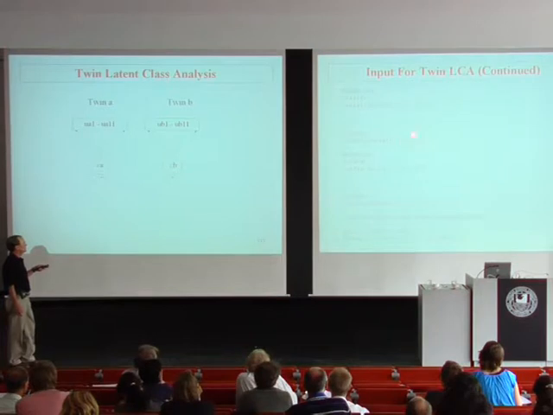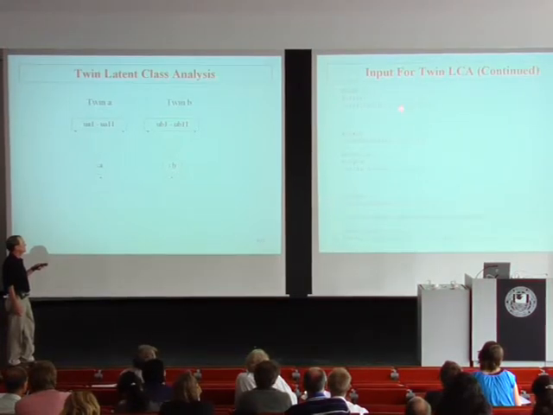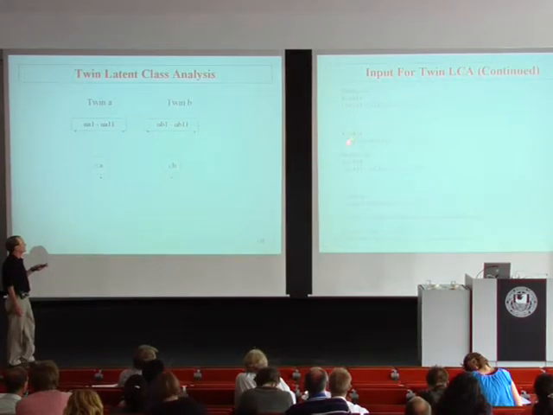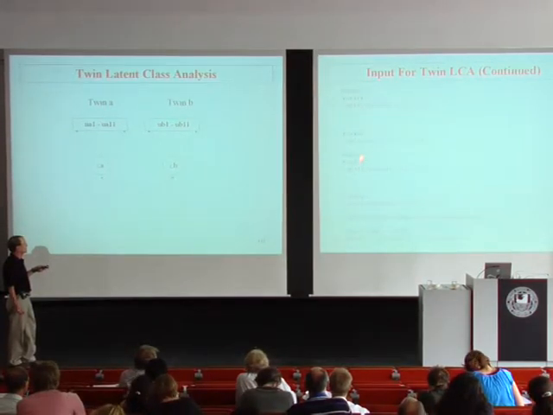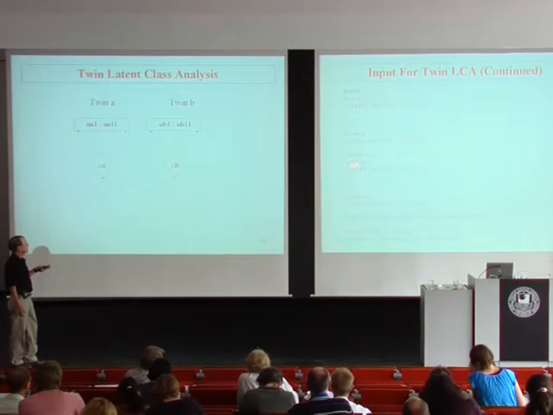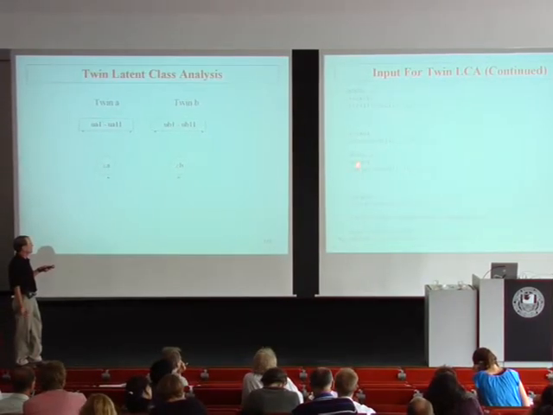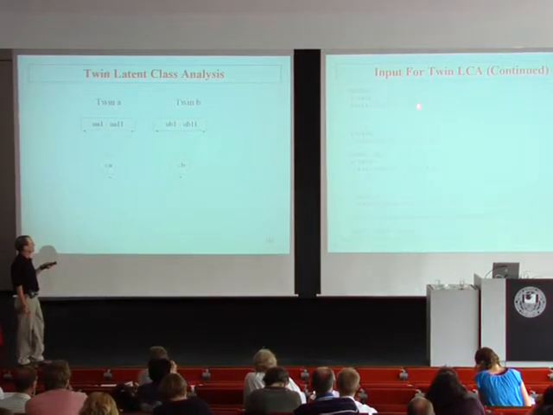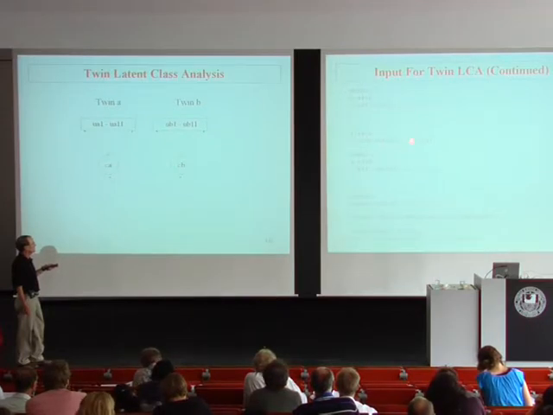They're different also, as we see by the numbering. They're different, these parameters, over the classes. But they are not different across the two latent class variables. So the first latent class for twin B has the same numbering as the first latent class for twin A. So you have equality here, the same numbers here and here, down to the same numbers here and here.